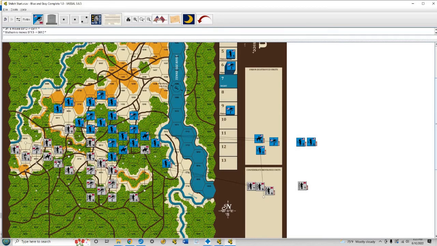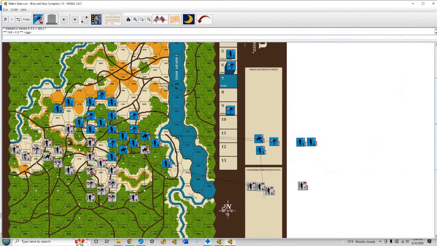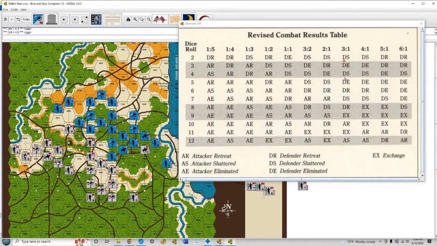This guy here, 5. And he's got a lot of firepower on him. Actually, for 2-to-1 odds, I'm going to use that 2-to-1. Try to get those guys. So 9, 2-to-1 at 9. Attacker is shattered, which won't occur because this is an artillery unit. 6 and 5 is 11, 12, 13, 14, 15, 16, 17, 18. 3-to-1 odds. 9 is an exchange.